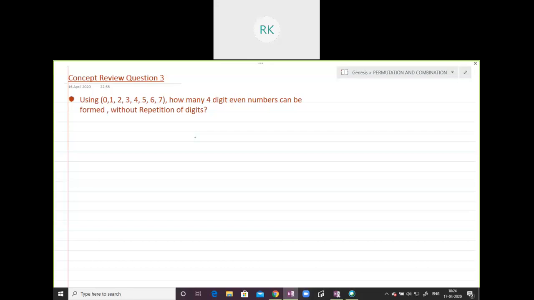Dhanush, clean bowled. Bhavna also wrong, my dear. Check it once again. Sunil, 1440. Check it once again. Suvarsha, check it once again. 840. Clean bowled. Shreya, you also got clean bowled. Sharanya, clean bowled. Try once again.